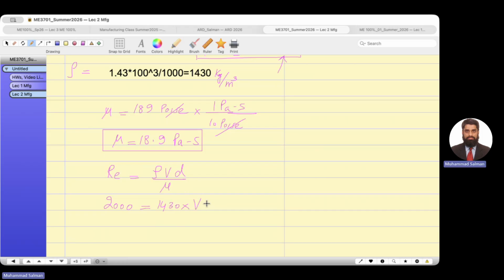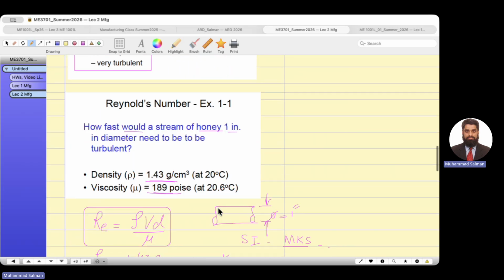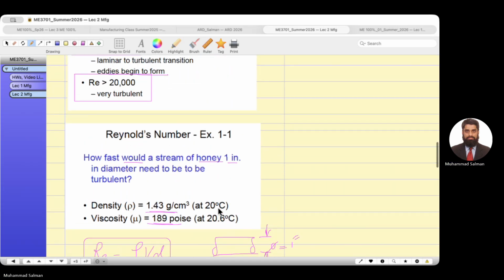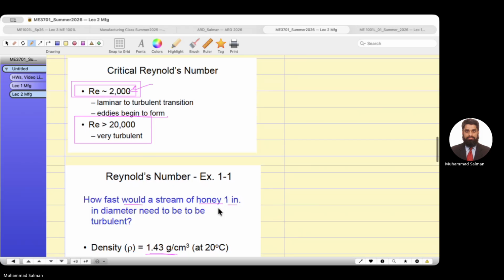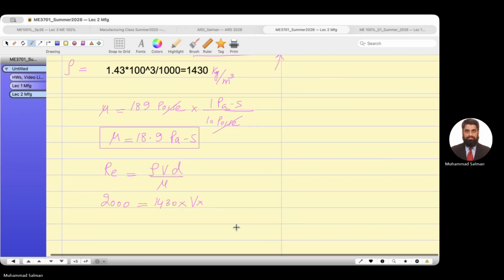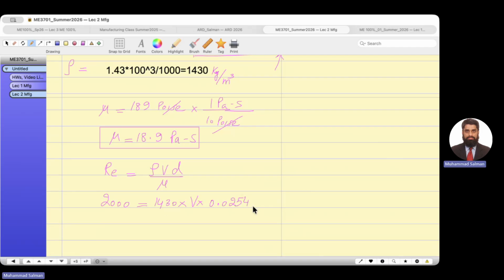Velocity, we want to find out the velocity, and the diameter is in inches. Can you convert it in meters? How many meters in 1 inch? 0.0254 divided by the eta viscosity 18.9. Can you find out velocity from this relationship?